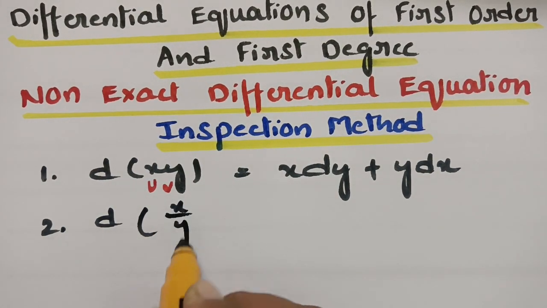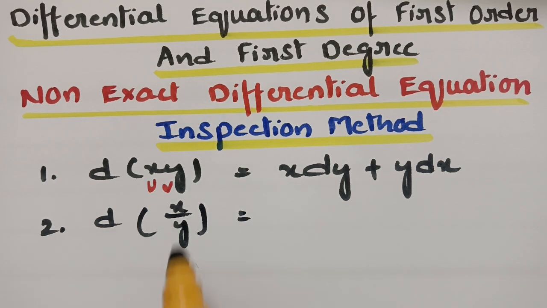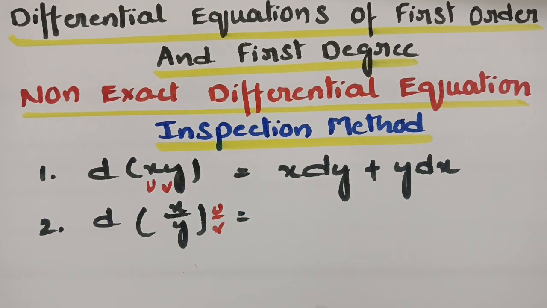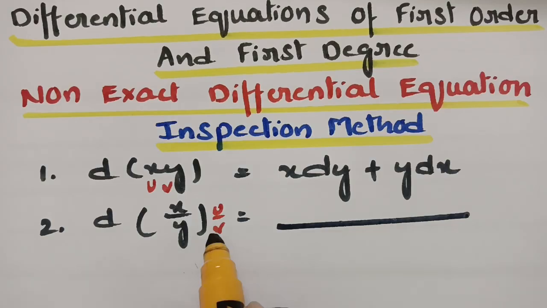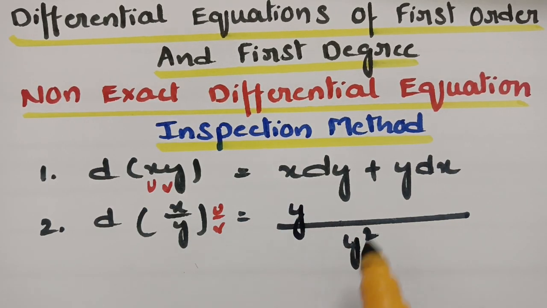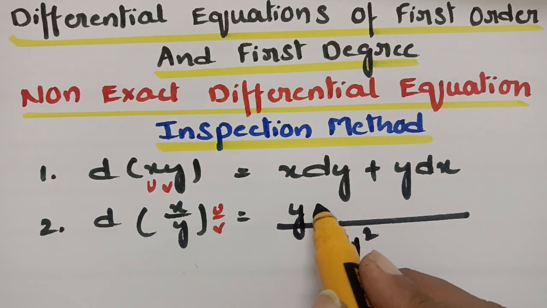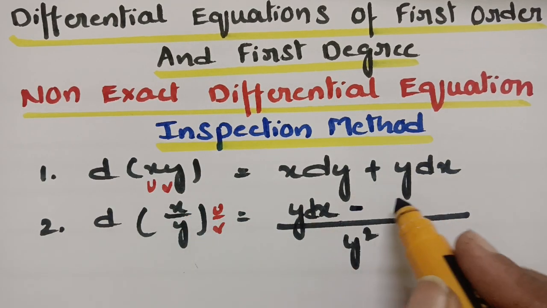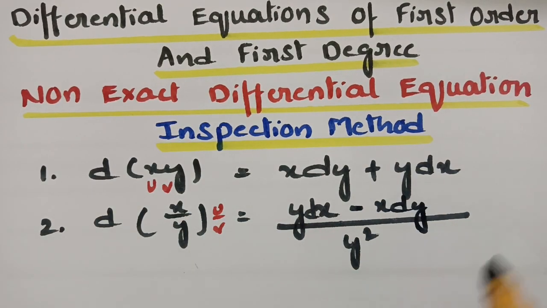The second formula is also very familiar, the derivative of x by y. As it is x by y, this is of the form u by v rule. In the formula it is v square, so here it is y square. We write y once and make a derivative for the numerator, that is dx, minus we leave x and make a derivative for the denominator.